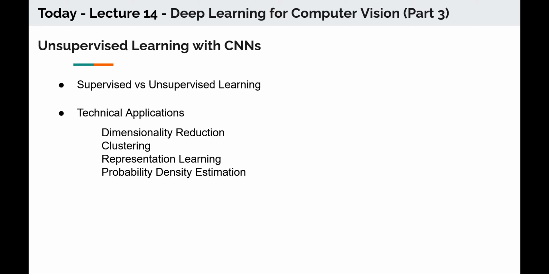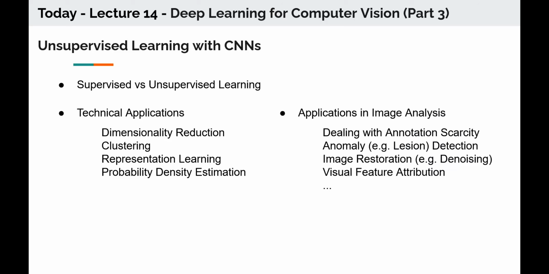What I mean by technical applications is applications in terms of method. So what have been listed here are still methods, but they fall within the umbrella of unsupervised learning. Whereas on the right, what we have are true applications for medical image analysis.